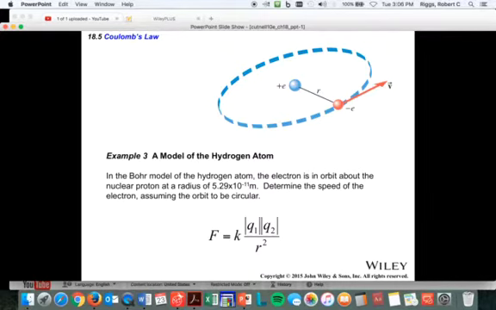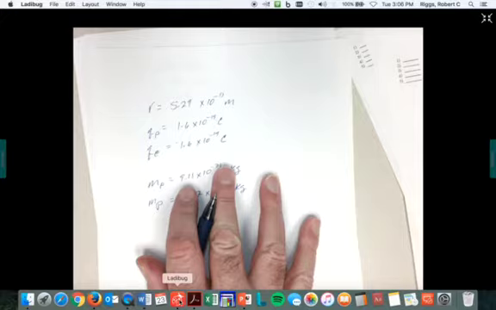The mass of the electron is 9.11 times 10 to the negative 31 kilograms. The mass of the proton is 1.67 times 10 to the negative 27 kilograms. So I've got everything I need. So let's take a look at what I'm doing here, on page 5 of your notes.